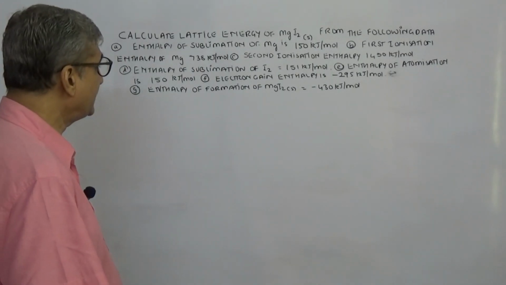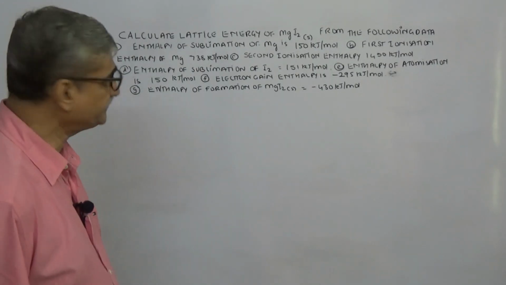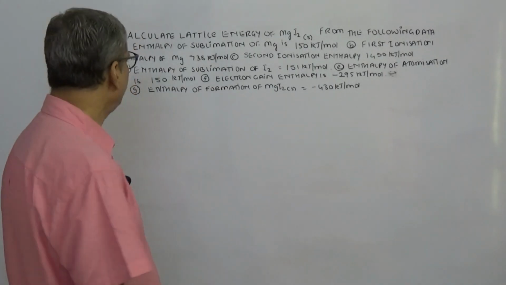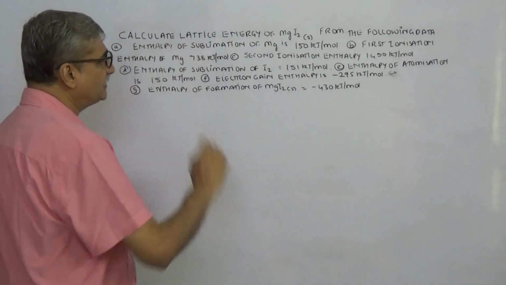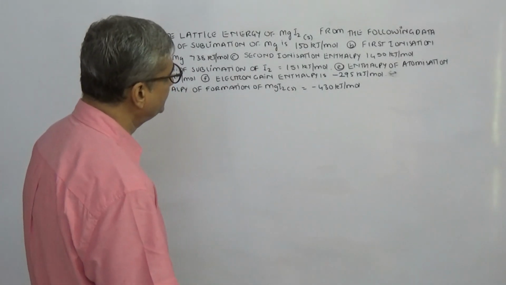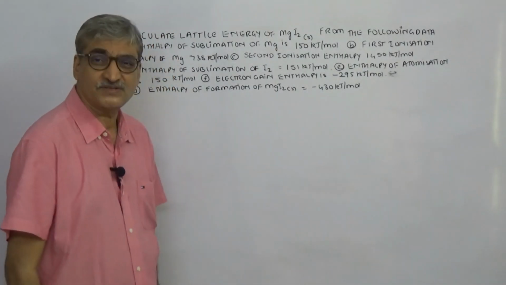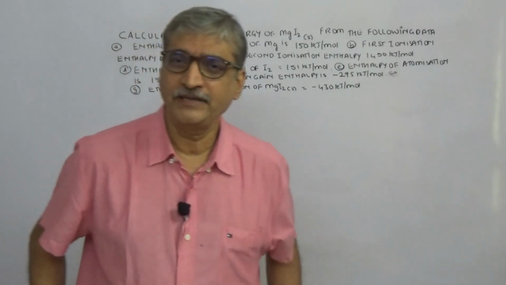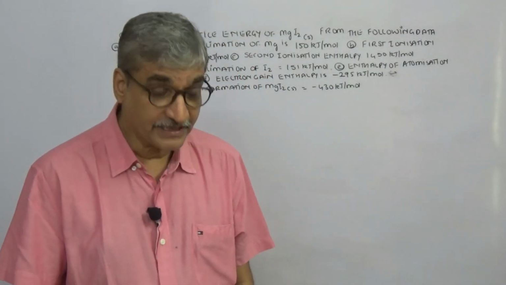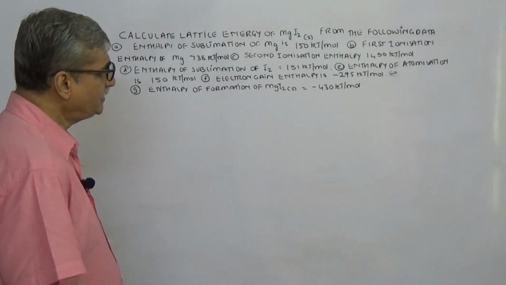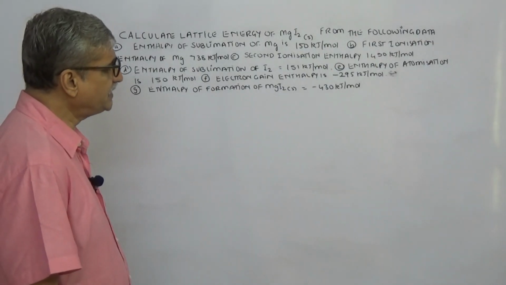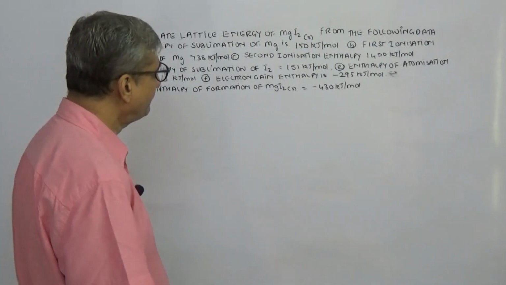Calculate the lattice energy of magnesium iodide. That is the aim. From the following data, you are given enthalpy of sublimation of magnesium, that is magnesium solid is becoming magnesium vapor, sublimation. Enthalpy change is 150 kilojoule per mole.